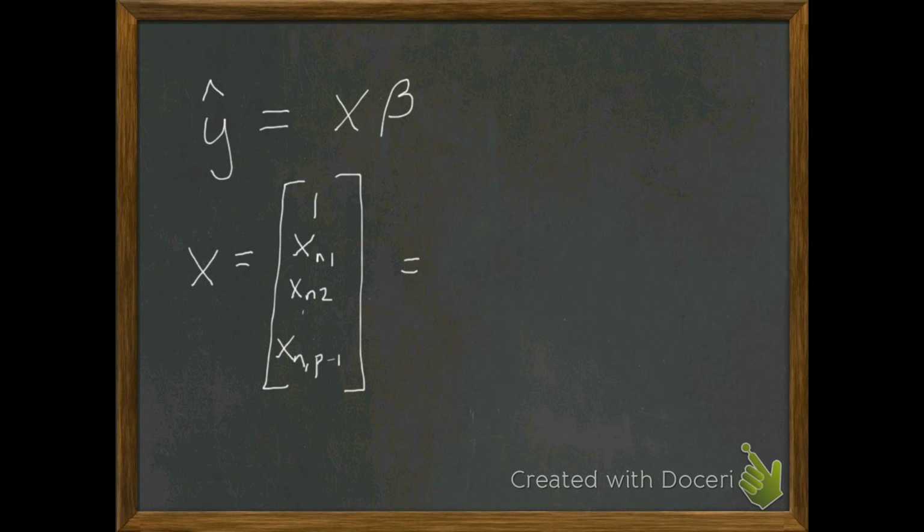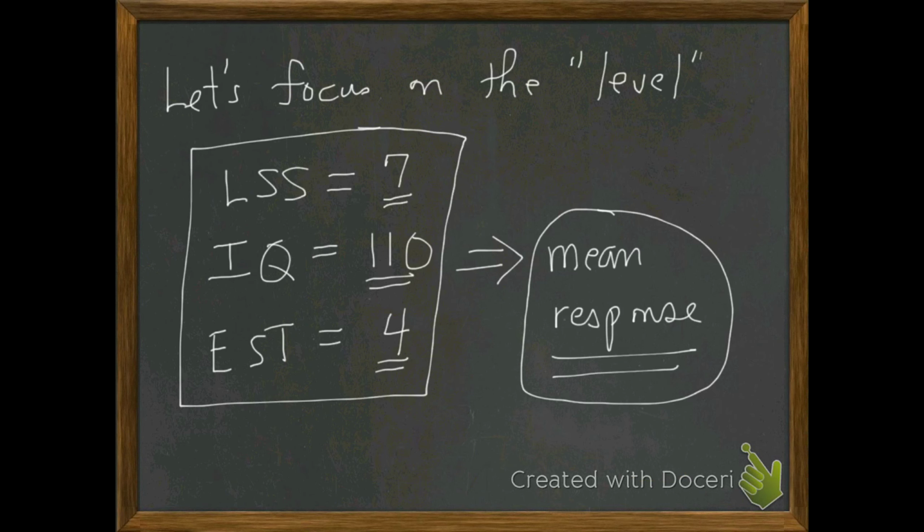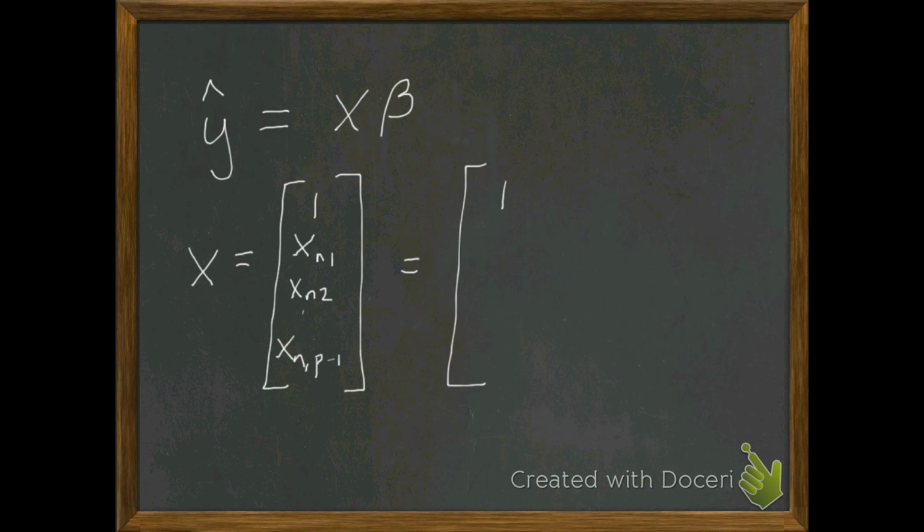So for our problem, x is going to be equal to 1, 7, 110, and 4. But in this case, our beta matrix is going to be a 1 by 4.